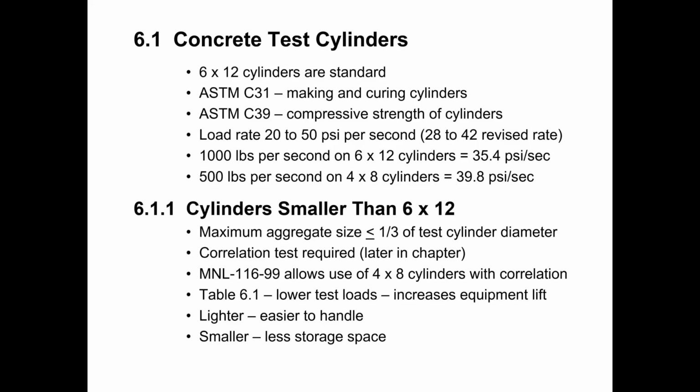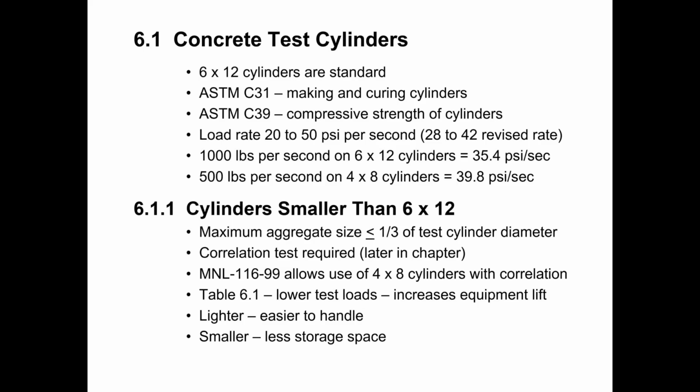So if you're working with a machine that only indicates load, then a good rule of thumb is for a 6x12 cylinder, if you're in this target load rate range, then you should be loading the 6x12 cylinder at around 1,000 pounds per second. So you can watch the dial indicator or the digital readout, you can watch the clock, and so long as the load's being applied somewhere in the neighborhood of 1,000 pounds per second, then you're good on a 6x12 cylinder.